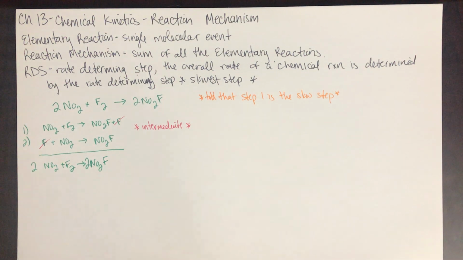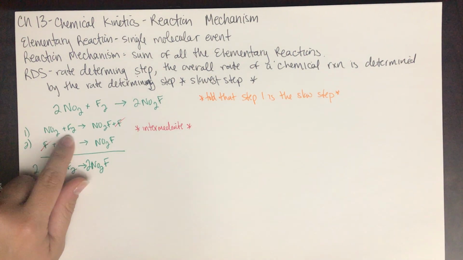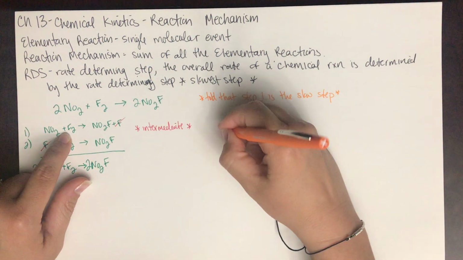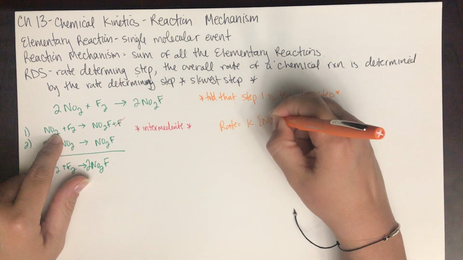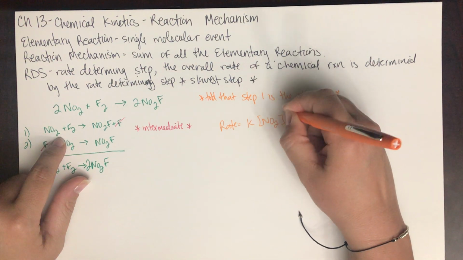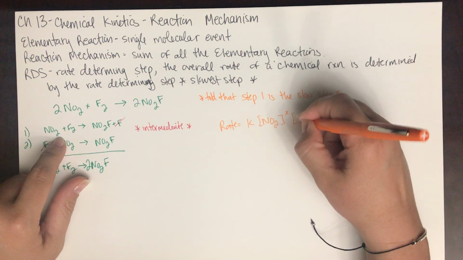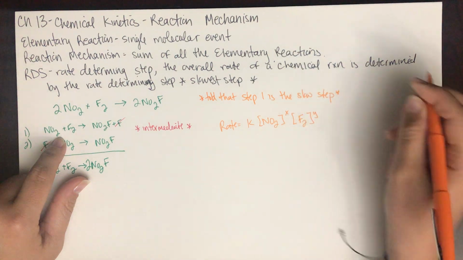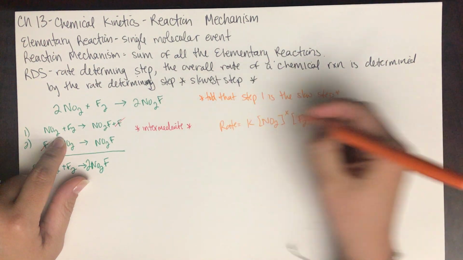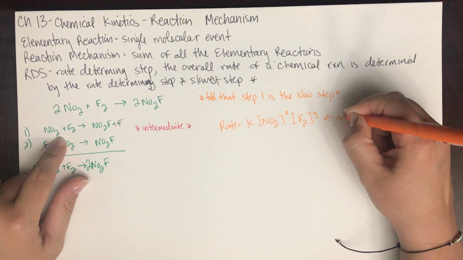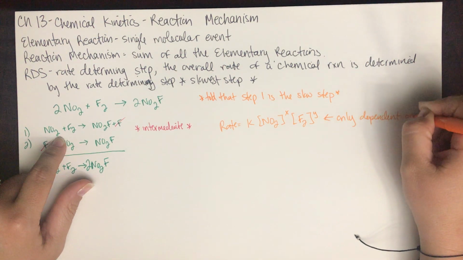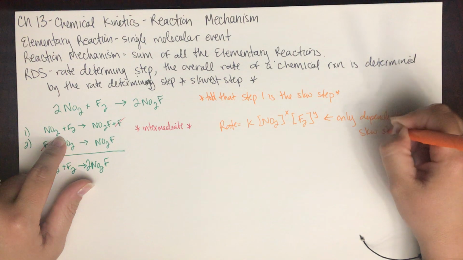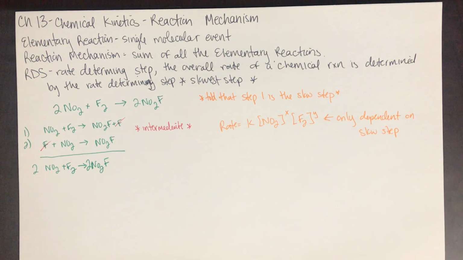So it would be just from these two reactants: rate equals k times nitrogen dioxide to the x order times fluorine to the y order, because the rate law is only dependent on the slow step. That's what determines the rate.